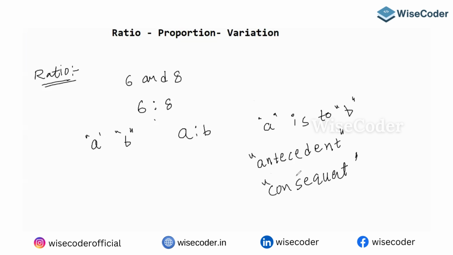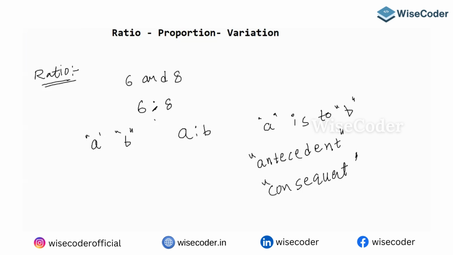Since the ratio expresses the number of times one quantity contains the other, it's an abstract quantity. The ratio of any number of quantities is expressed after removing any common factor that all the terms of the ratio have.